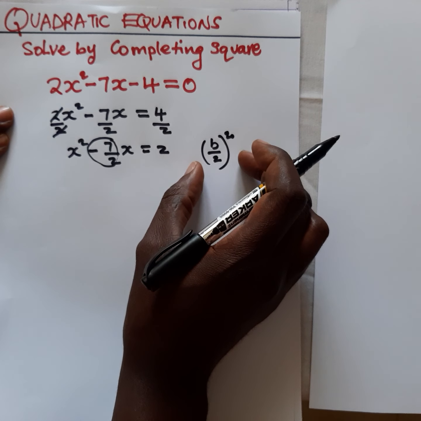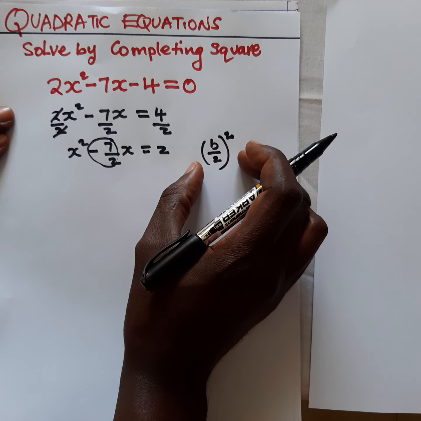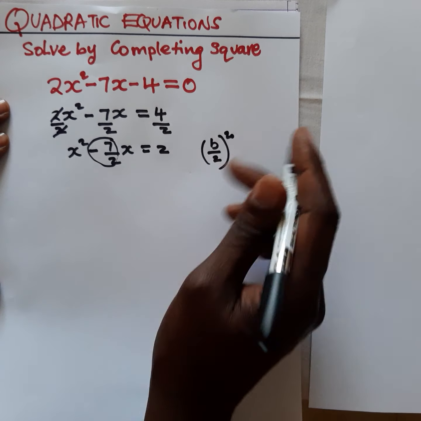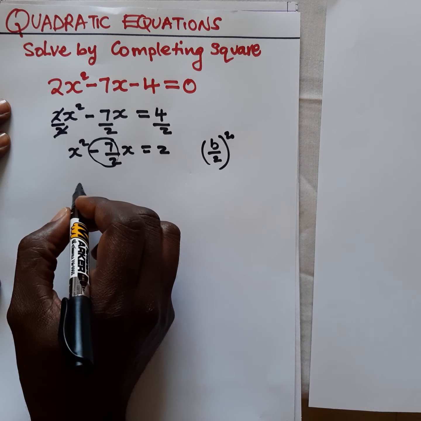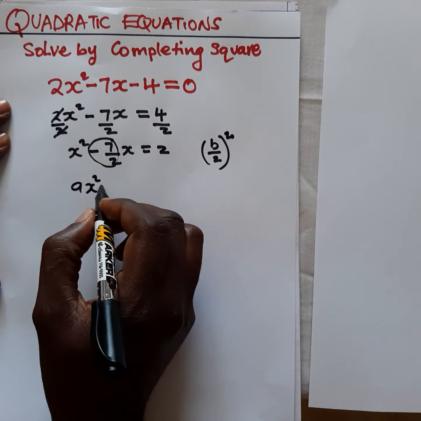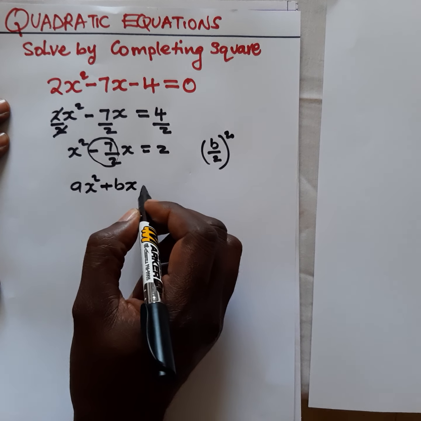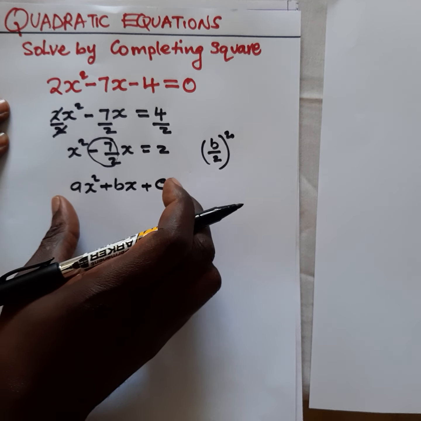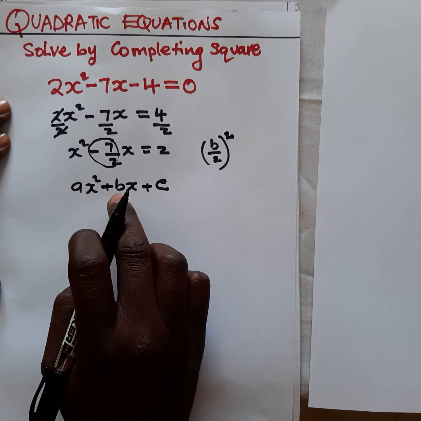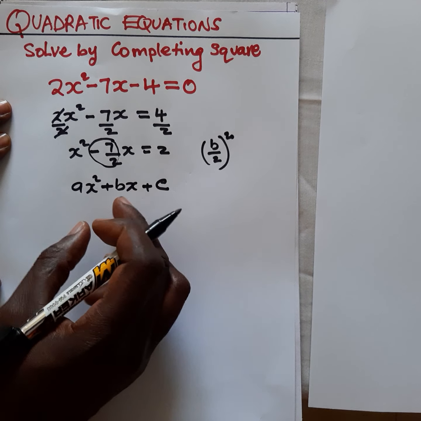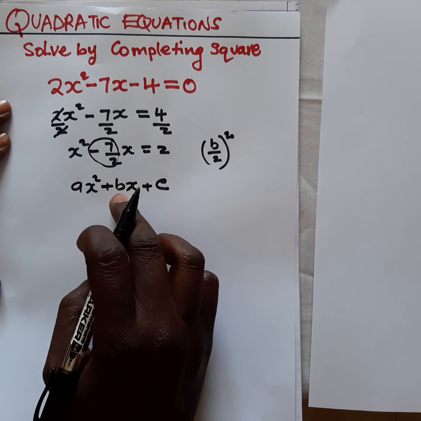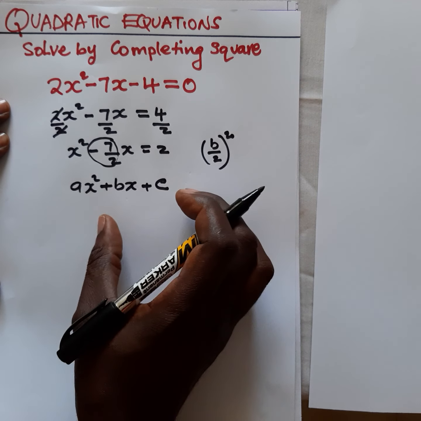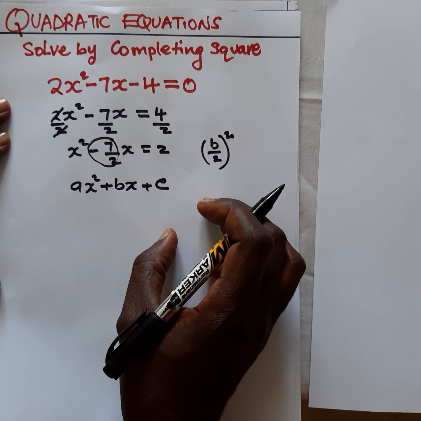This is taken from the quadratic equation ax squared plus bx plus c, and in this case, b is the coefficient of x. So if we take b, divide it by 2 and then square, we are going to complete the square. This is how we do it.